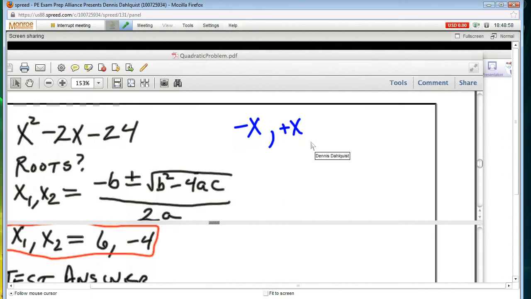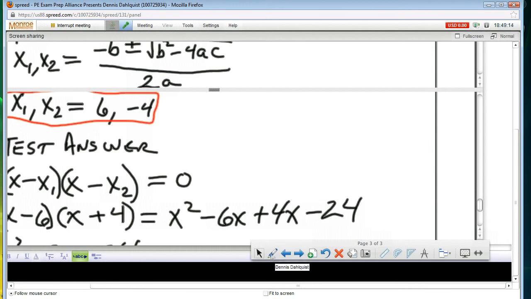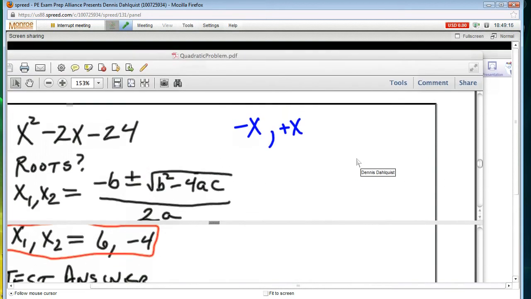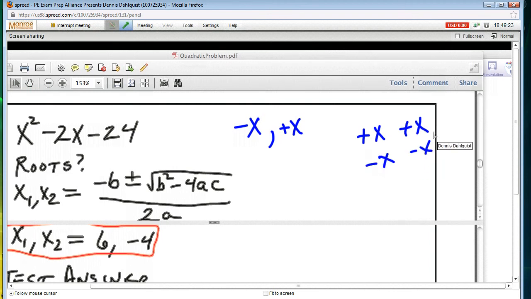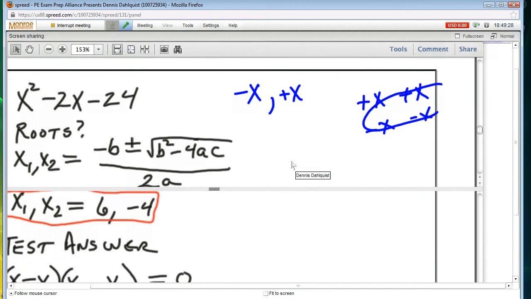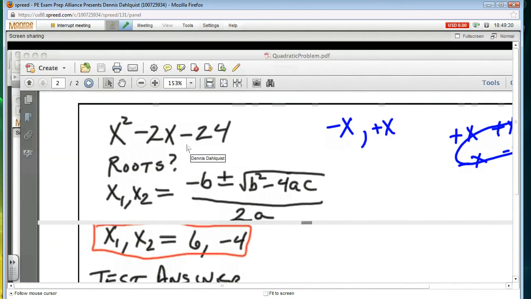So in order to figure out what the roots are, first off the bat, we know that the roots would have to be a positive and negative. So if we have two positive roots, or if we have two negative roots, those answers would not be correct, because that's not going to give us a -24.